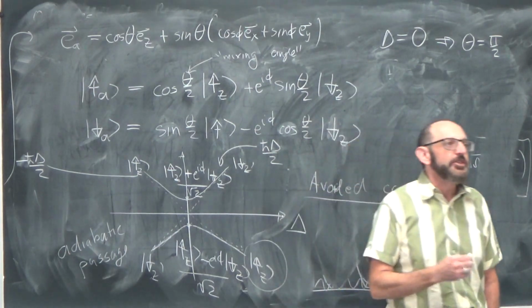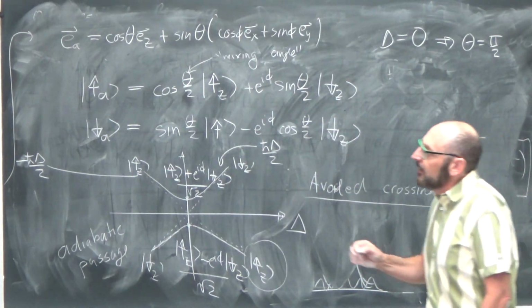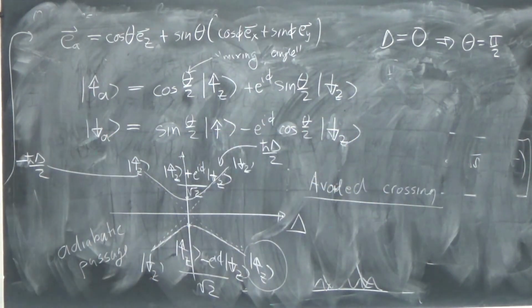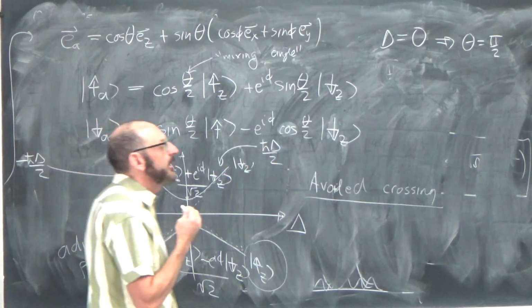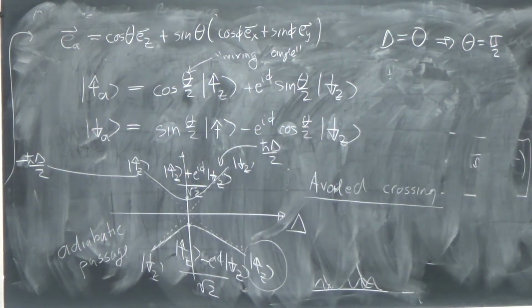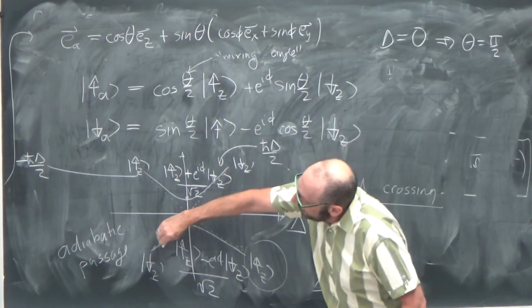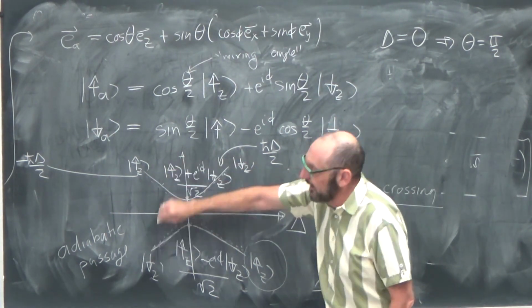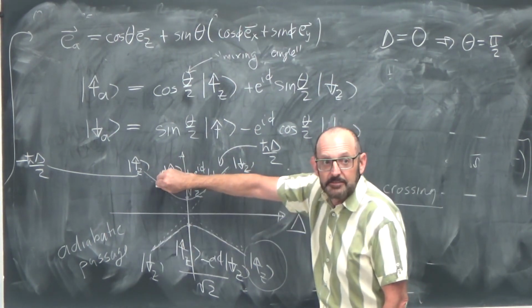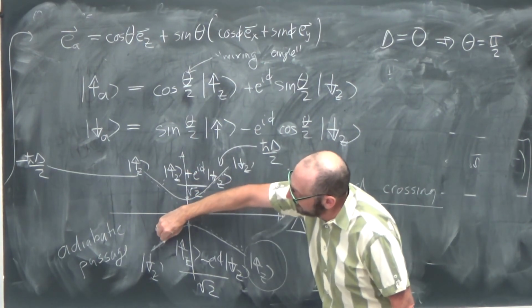If you change, in this case, I make that detuning an explicit function of time, and if I change that detuning slowly enough, and what slowly enough means we'll think about if we haven't thought about it in the past, then the system doesn't Rabi oscillate between those states. It will stay in the local ground state.